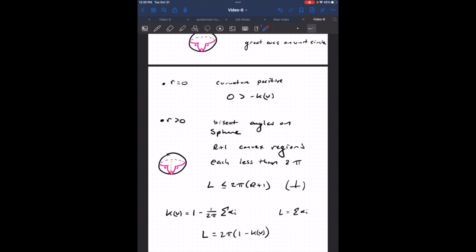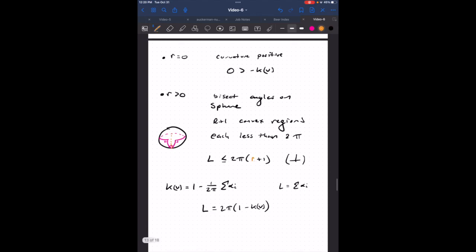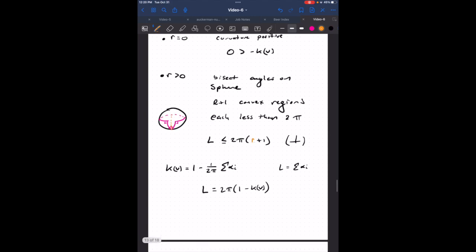Oh, I'm switching to a capital R. I don't want to do that. Let's say this is lowercase r plus 1. Okay, so combining these things, what does this tell us? Well, let's stick with our orange for Halloween. So L is less than 2 pi quantity r plus 1.